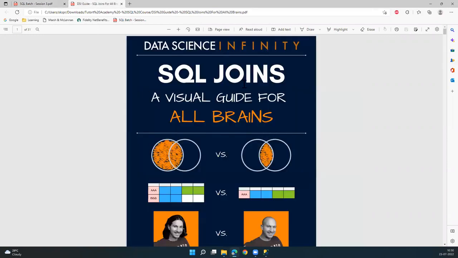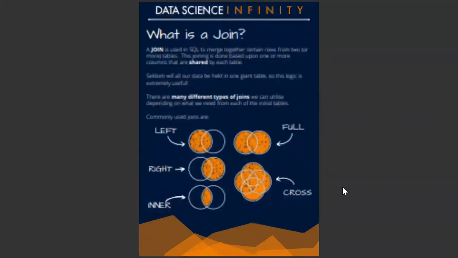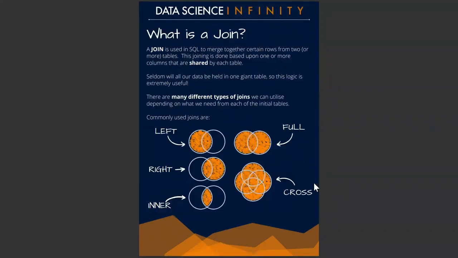So I would like you to go through this DSI SQL join thing. This is actually a very good visualization. So as you said, let's start with what is a join. A join is basically a SQL statement to merge together certain rows from two or more different tables.